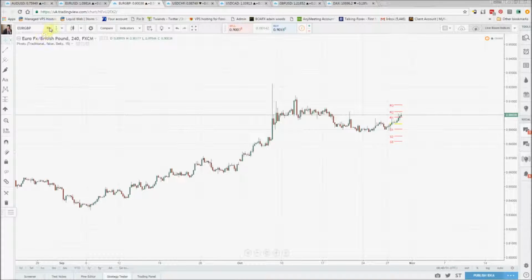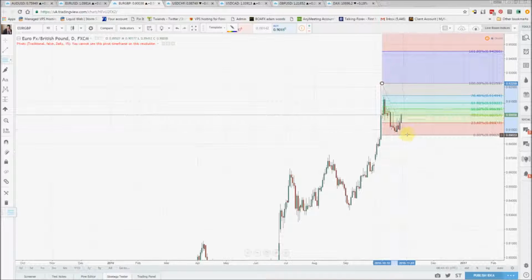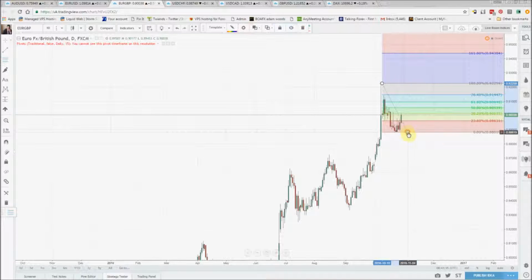If we have a look at some of the bigger time frames here, you can see where this rejection has come in on the daily, and then it's had that 50% pullback of the rejection and started to sell off. You can see these long wicks on these candles where it's pulled back, and this move here is in fact a 50% retracement, or thereabouts, a 38% retracement, sorry, of this move down.